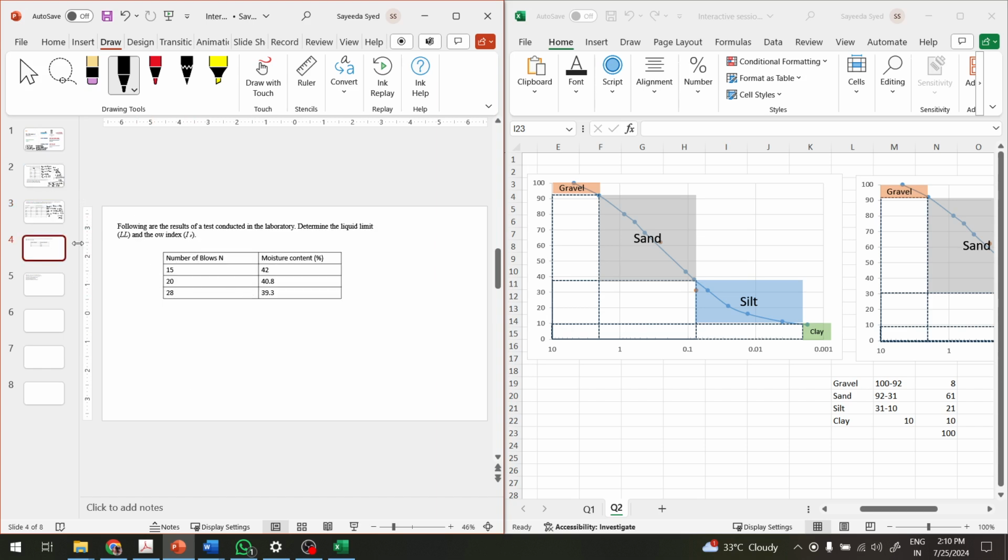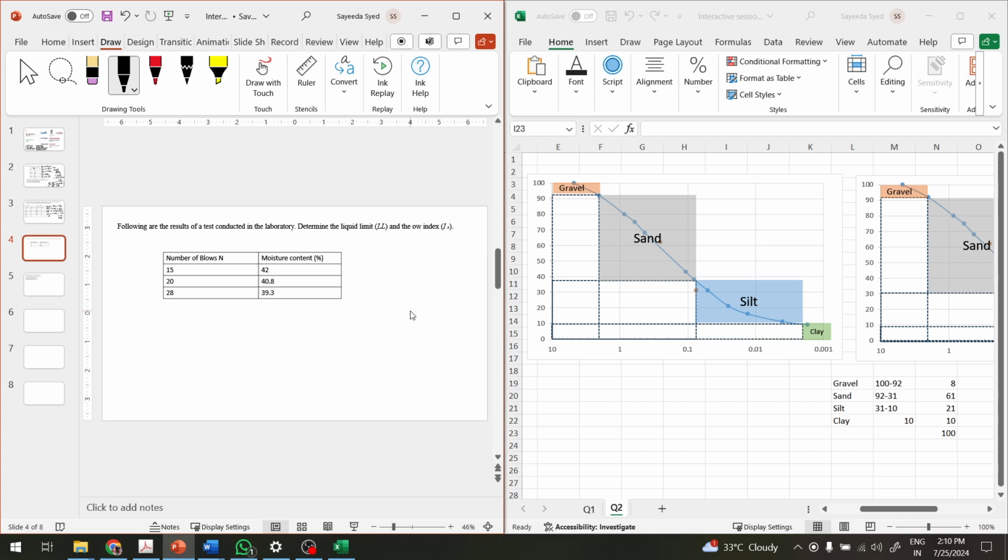Okay, so the next question is about consistency limits. What we need to calculate, following are the results of a test conducted in the laboratory.